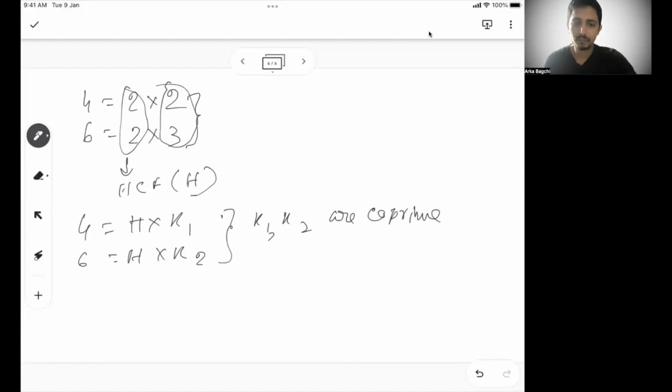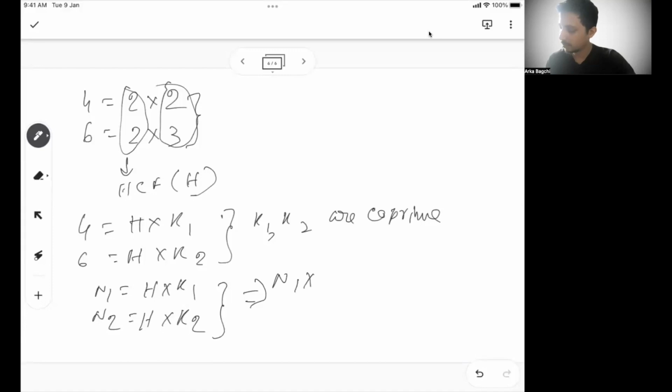Okay. Now what I'm trying to say is, if I write n1 equal to h into k1 and n2 equal to h into k2, then n1 into n2 equals h into h into k1 into k2.